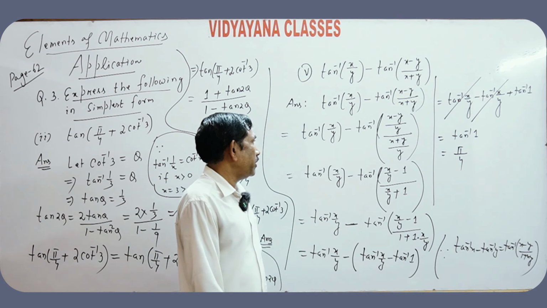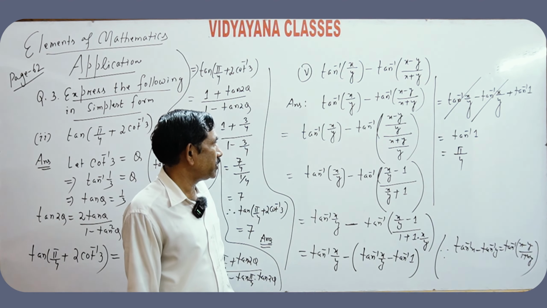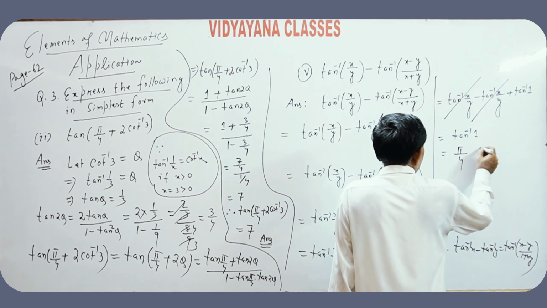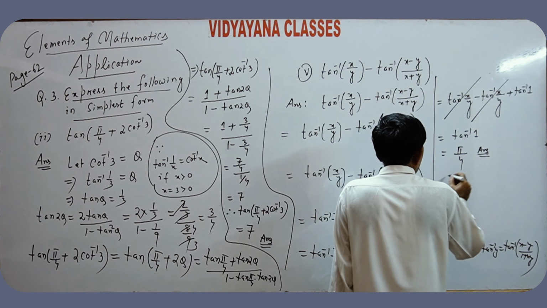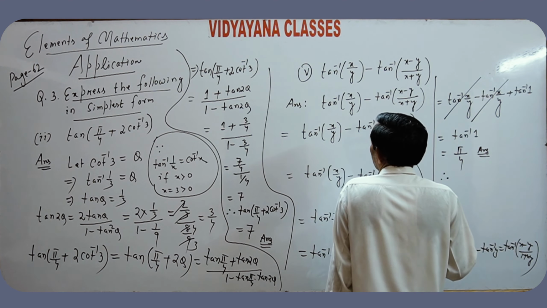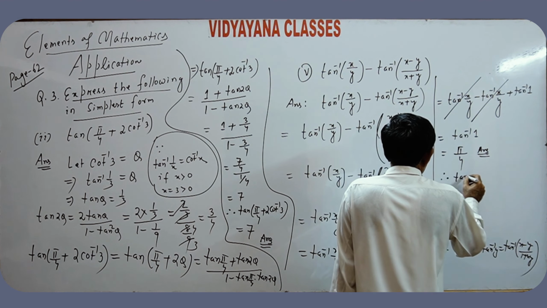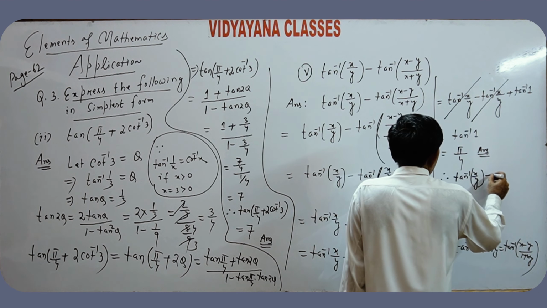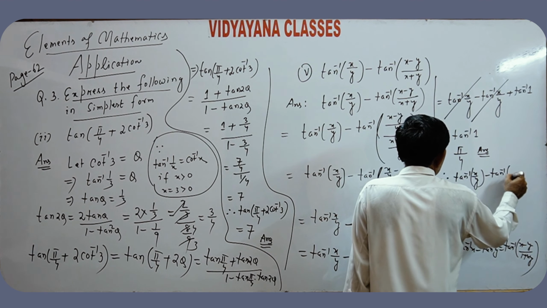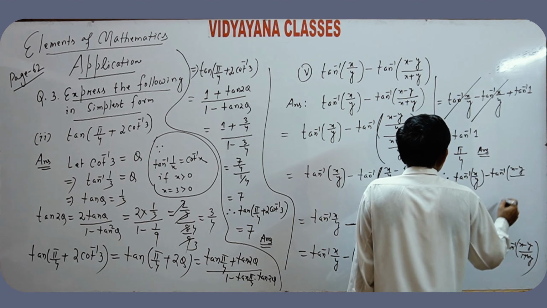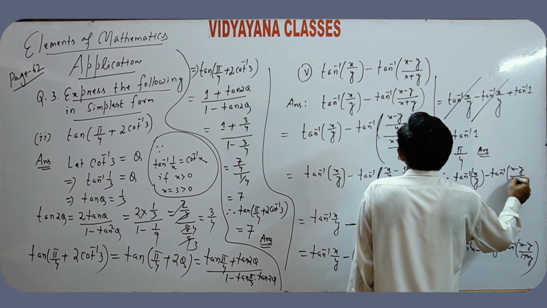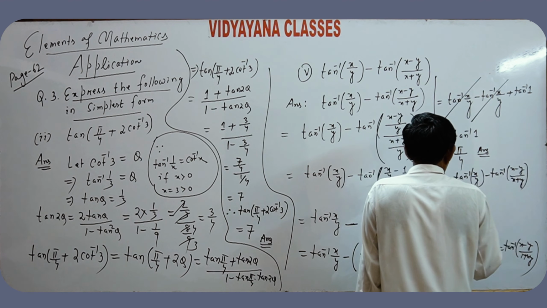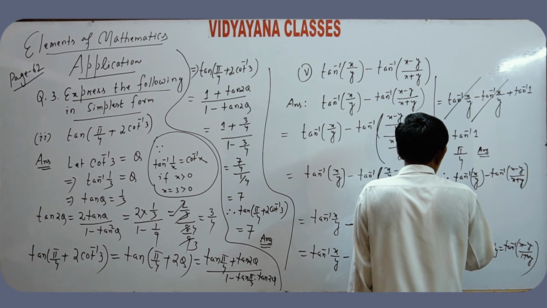Since every inverse trigonometric function represents a radian angle, therefore tan inverse x by y minus tan inverse x minus y divided by x plus y is equal to pi by 4.